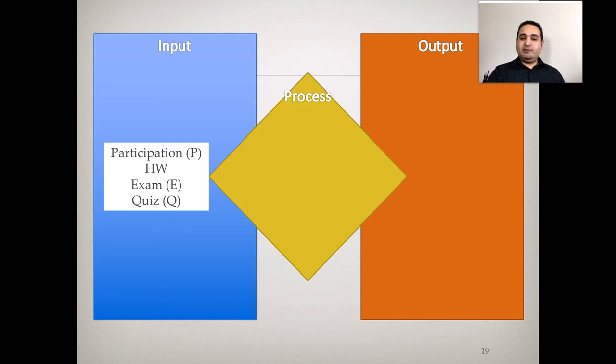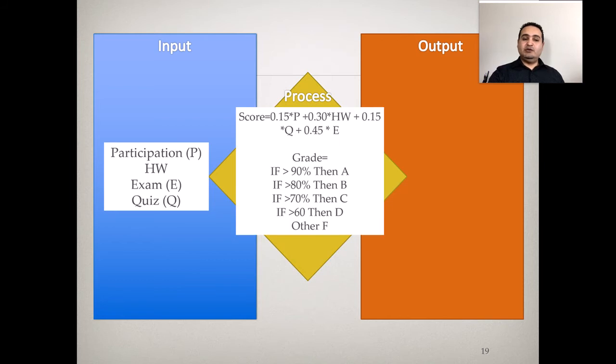The process is to score your grades based on the weights for each of those inputs. Based on the weights, I will see your final or overall score, and based on the overall score, I will decide what your letter grade will be. The output will be the score and the grade.